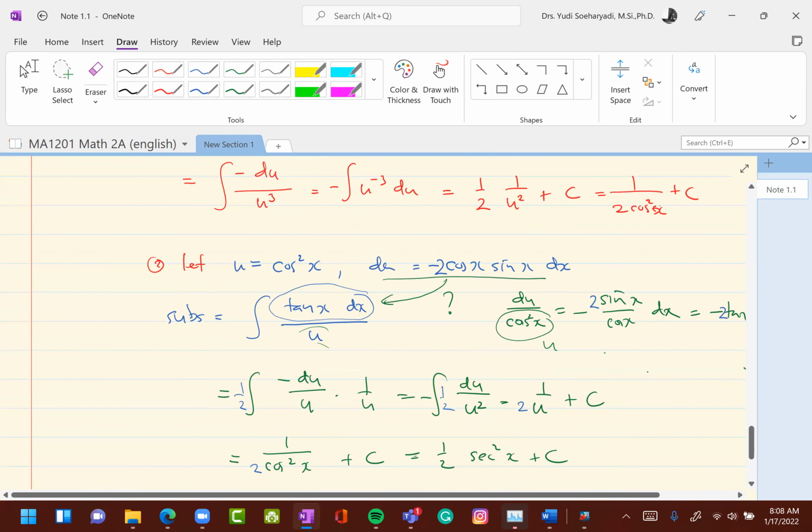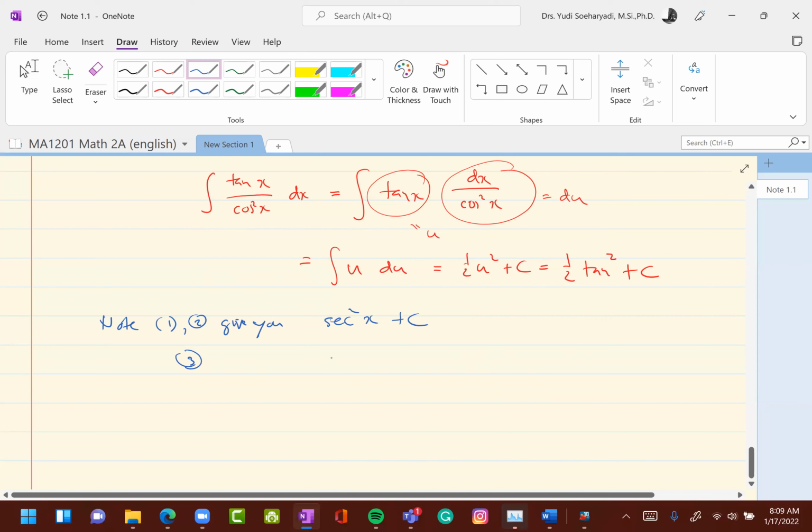Note, secant square and tangent square. So it's 1/2. So why is it wrong?